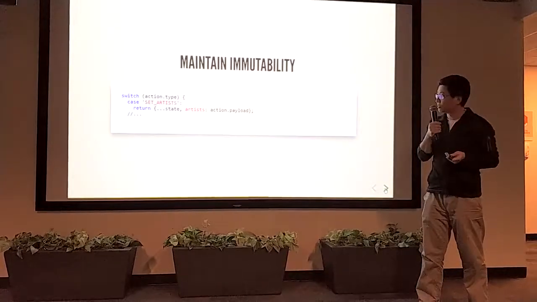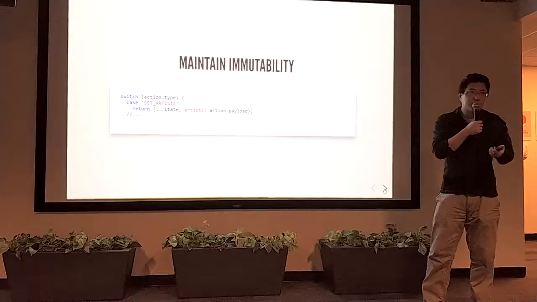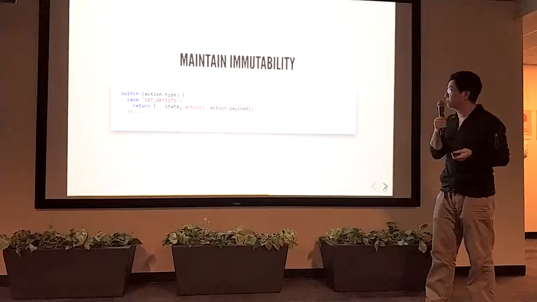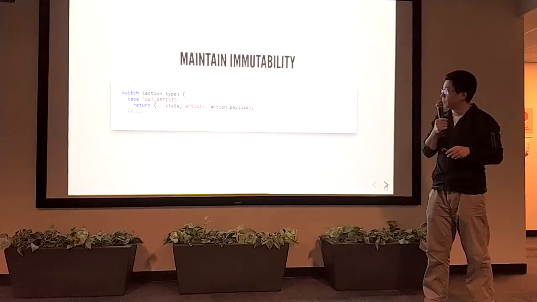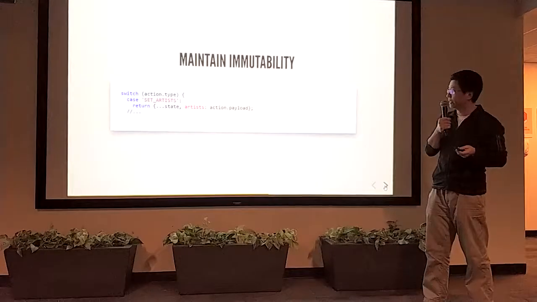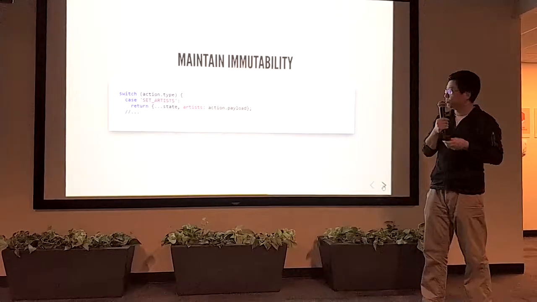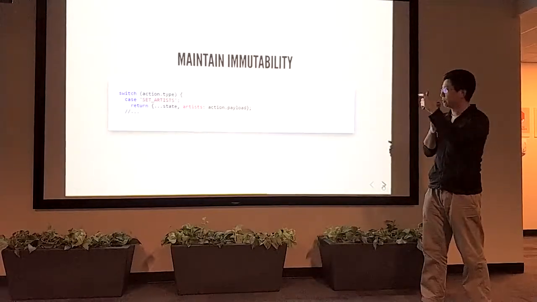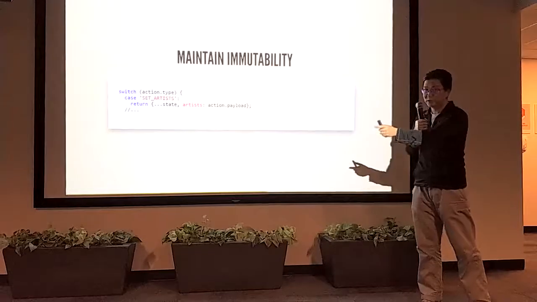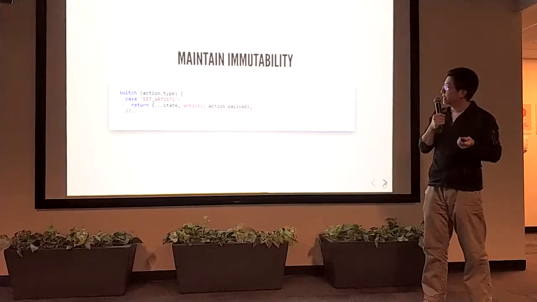So for smaller applications, I'd prefer just handling the immutability myself. Well, actually, it's not very hard with ES6 syntax. You can just use the spread operator to bring the references of the properties of the old object into the new object.